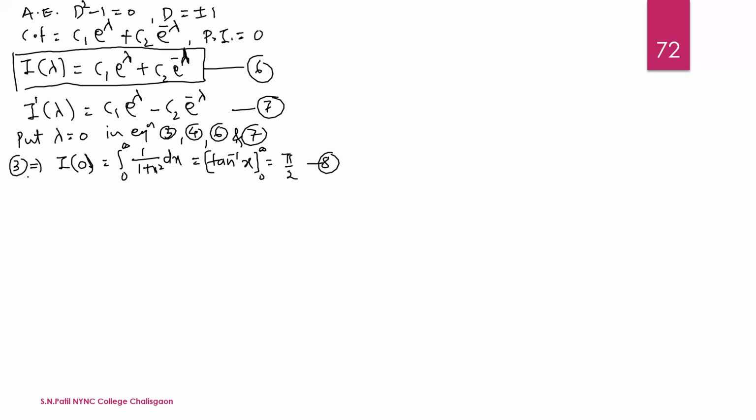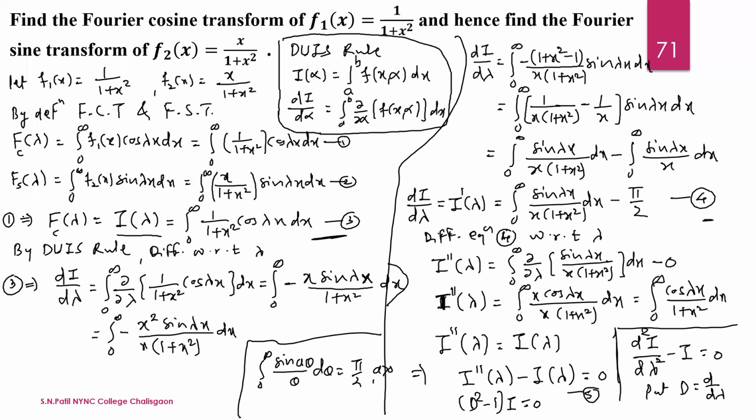Similarly put lambda equal to 0 in equation 6. Equation 6 gives I of 0 is equal to, here simply e raised to 0 is 1, c1 plus c2. Say equation number 9. Now next, in equation 4 we substitute lambda equal to 0, because now we discuss the I dash. Sine 0 is 0.